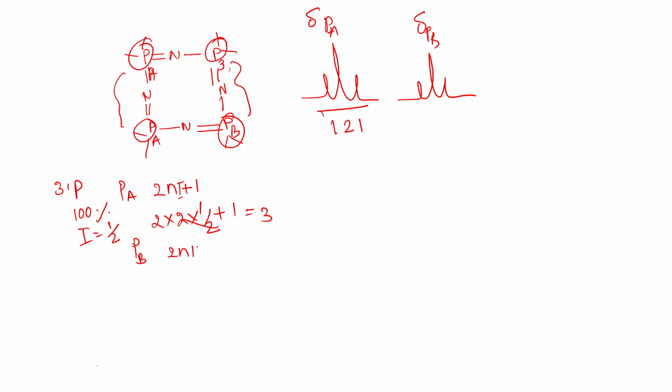2nI plus 1 equals 3, 1:2:1. Okay. I hope it's clear for you people. Any question about this one? Please write in the chat so that I can further clarify your doubts in case you have any about this problem.